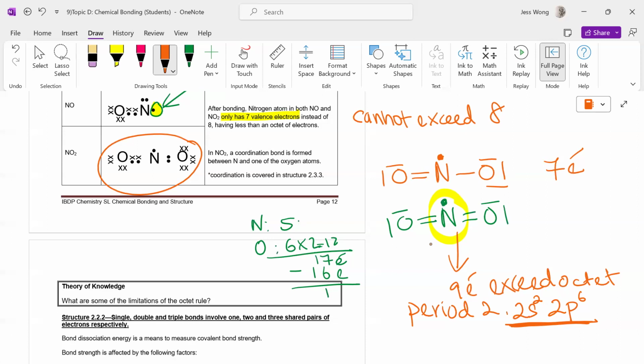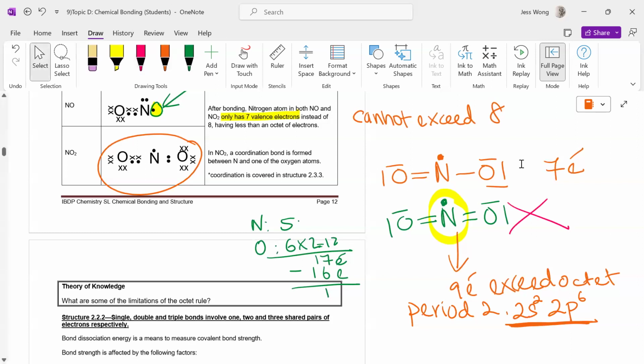So where will your 9th electron go? You don't have any 3s orbital because it's a period 2 element. Period 2 ends off with 1s, 2s, 2p. That's it. So 2s and 2p can only hold 8 electrons, and you are unable to hold a 9th electron. Therefore, this structure will be wrong.